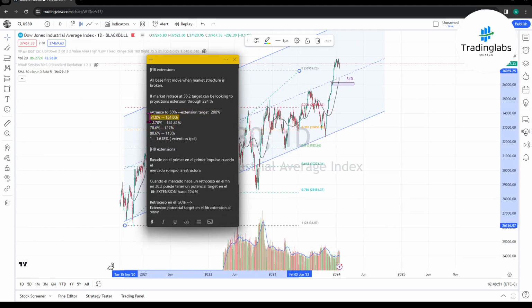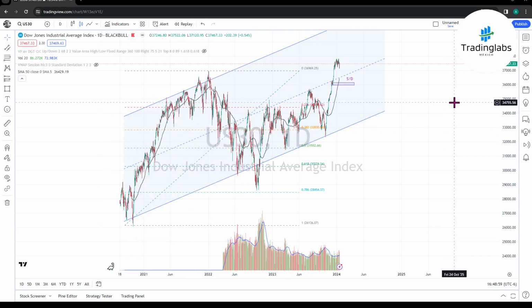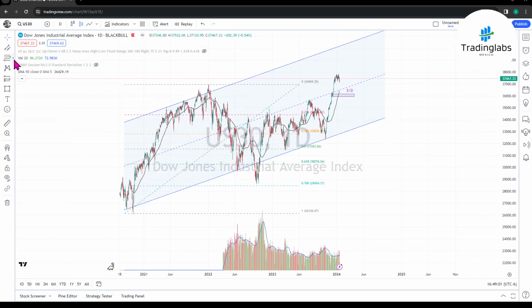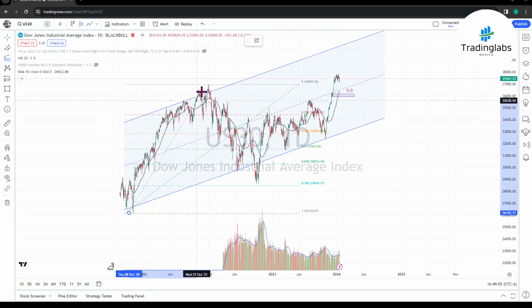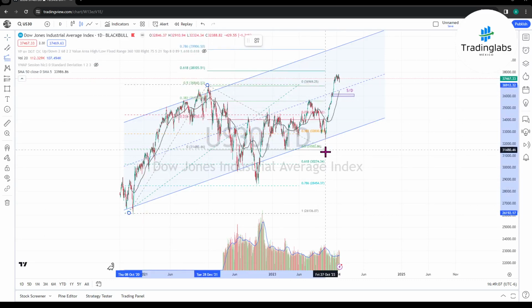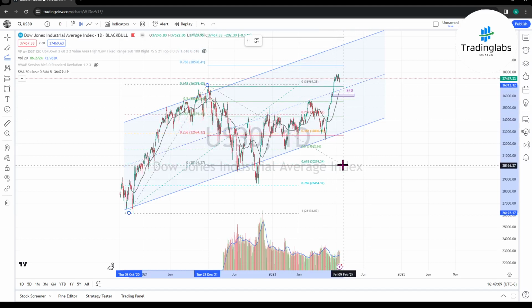So if we have a retracement of the 61%, we can have a potential extension of the 161.8. Let's grab the Fibonacci retracement. Let's put it over here.